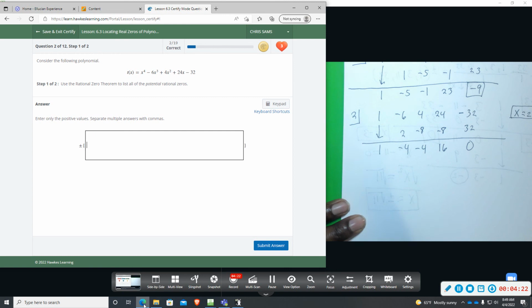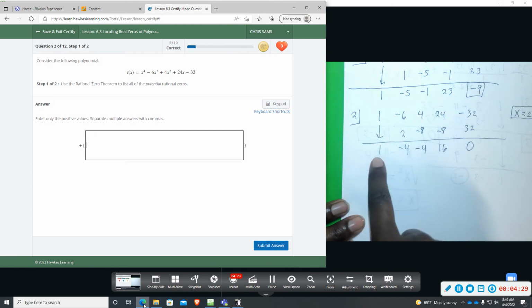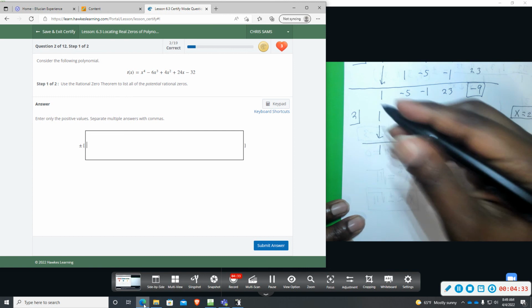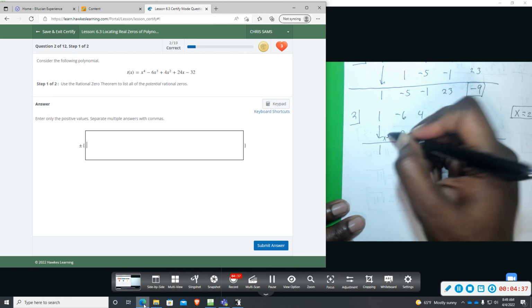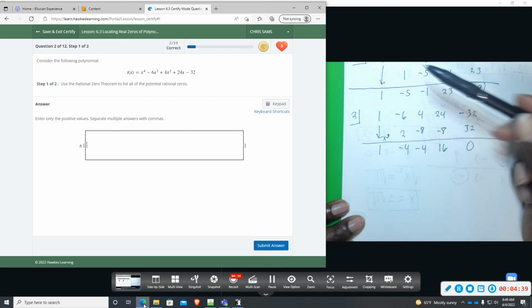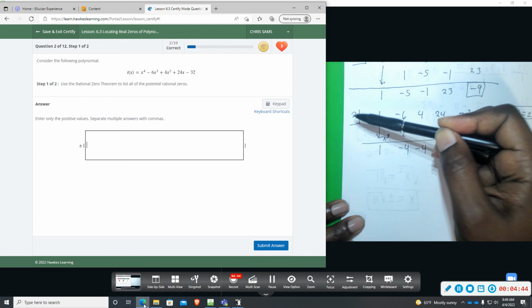Now, I don't know if 2 is a double root. So once you find a 0, you don't have to keep starting over. You can continue from where you are. So this is an x cubed now. We start out with the 4th degree, and once we drop it 1, it's now x cubed. I want to try 2 again.